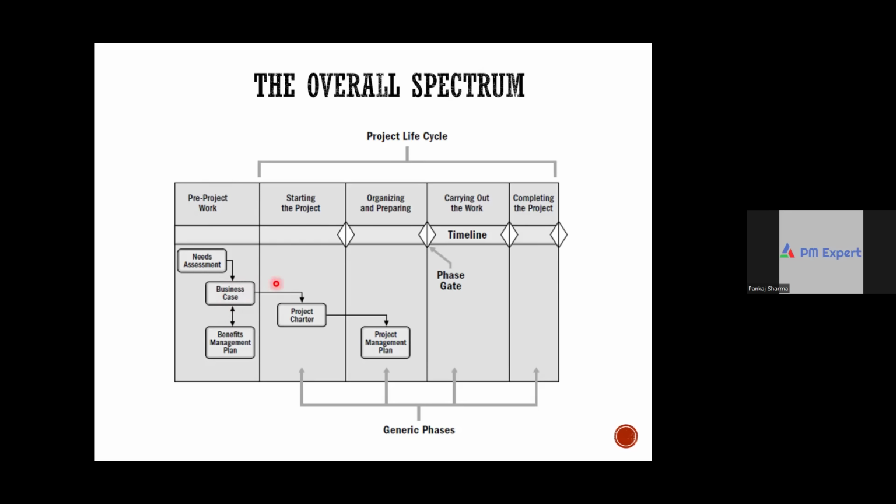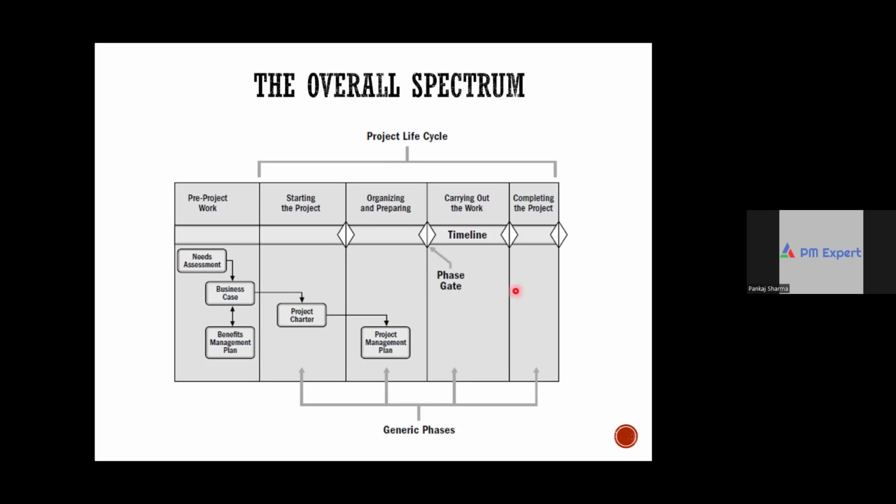Because many times you might have seen yourself, you reach this point or somewhere in the middle, and if you come to know that the project is not a worthwhile investment proposition, after reaching this point, a lot of money gets wasted. So by doing minimum pre-project work, you will come to know whether the project is a worthwhile investment proposition or not, right? And that's how it prevents poorly conceived projects from getting initiated.